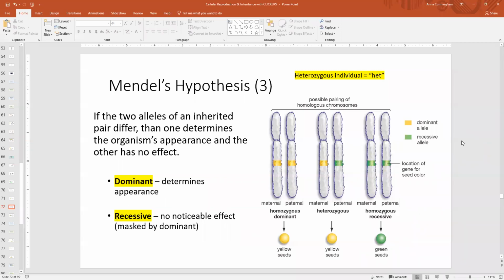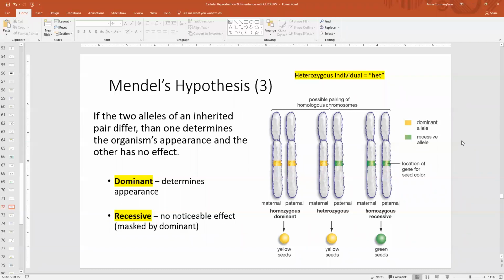So we would only know that yellow seed color and green seed color are dominant or recessive respectively by doing a crossing of two hets and seeing which one is expressed, or basically just looking at a het and seeing which one is expressed. So before Mendel's experiment, we didn't know that yellow peas were dominant and green peas were recessive. He had to do all these crossings to figure that out.